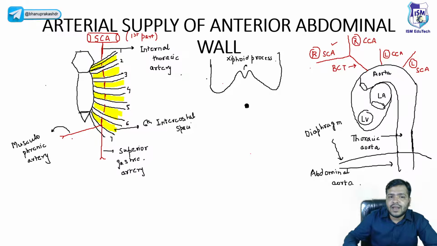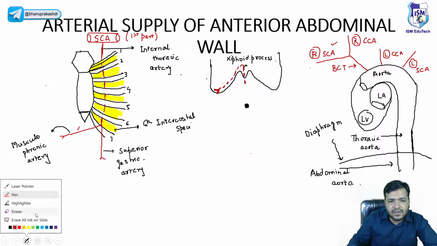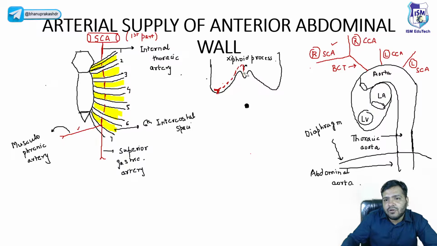So you already know that this artery, the musculophrenic artery, I'm just drawing it over here. Yes, it is supplying the diaphragm, and along with the diaphragm, it is also supplying the upper anterior abdominal wall.